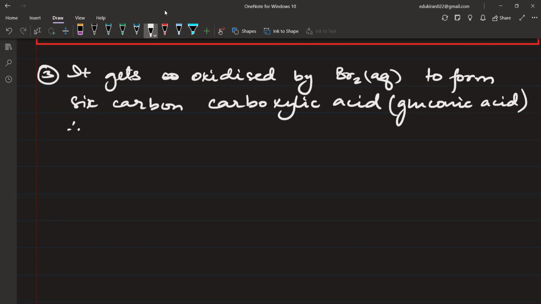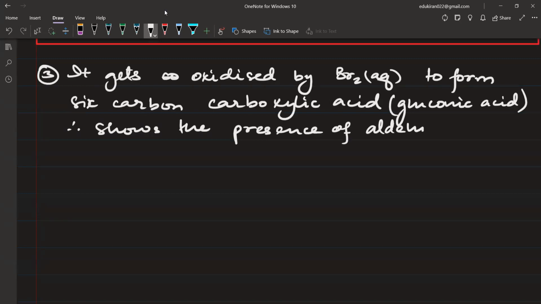It shows the presence of aldehyde group, because carboxylic acid तो तभी बनेगा, कीटोन तो ऑक्सीडाइज नहीं होता आसानी से, and we are using a mild oxidizing agent, that is Br2 aqueous, and it is getting oxidized to what, carboxylic acid.